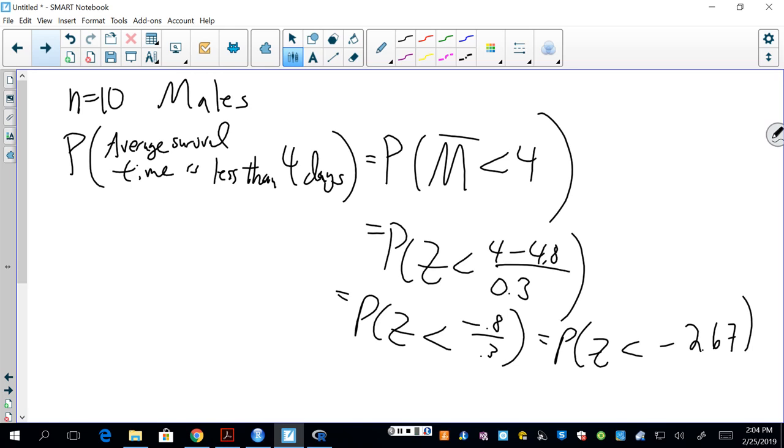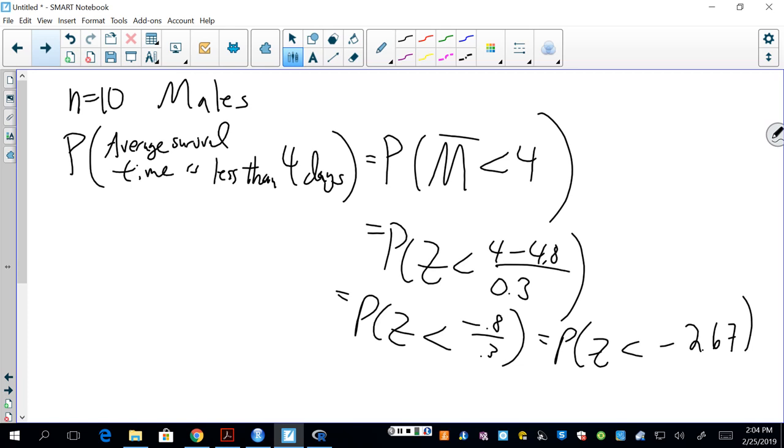So when it was 1 cockroach and the standard deviation was 0.6, that wasn't so far away. So that's 1.5. But now, because we're averaging 10, to produce an average of 10 that's really small, you have to have a lot of small, short survival times in this case. That's just pretty unlikely.